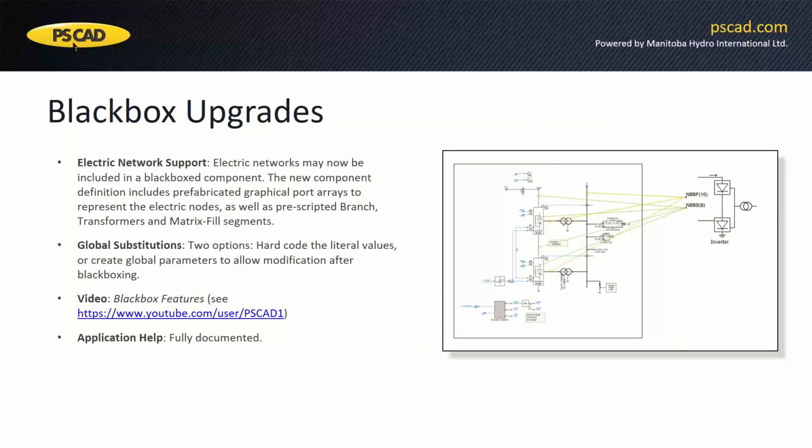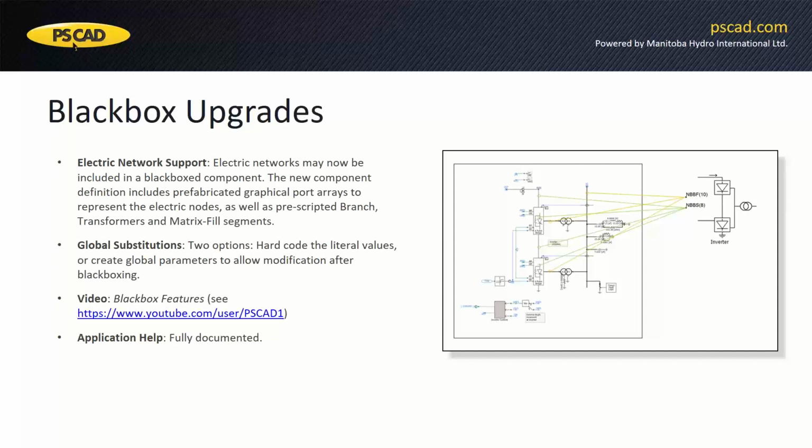Blackbox upgrades. This has been a very popular function in the beta test program. We're now supporting electric networks. That doesn't include transmission lines and cables in the Blackbox. So now you can Blackbox any module that contains electric elements and control systems in the same module.